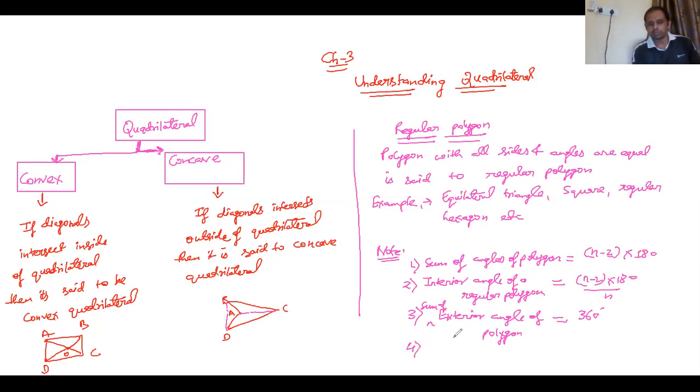Fourth, the number of sides of a polygon is given by 360 divided by the exterior angle, where n is the number of sides of a regular polygon.